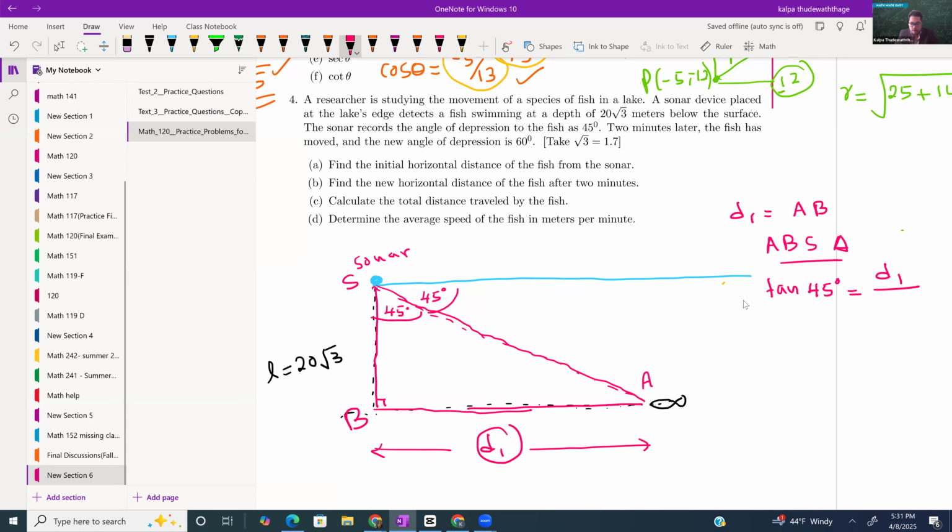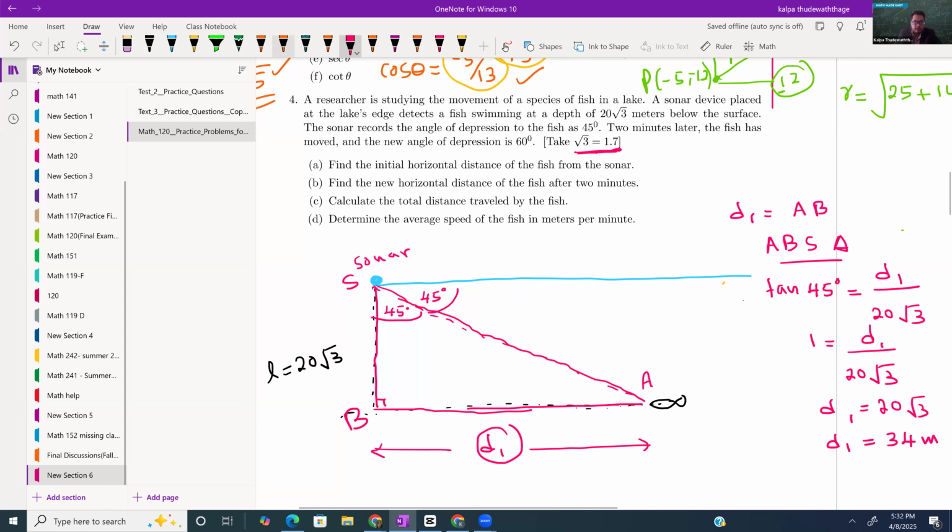Opposite is D1 over adjacent. Tan 45 is 1, so I replace tan 45 by 1, and you get the distance D1 is 20 times root 3. If root 3 is 1.7, then 20 times 1.7 is 34 meters, because it's like 17 times 2.